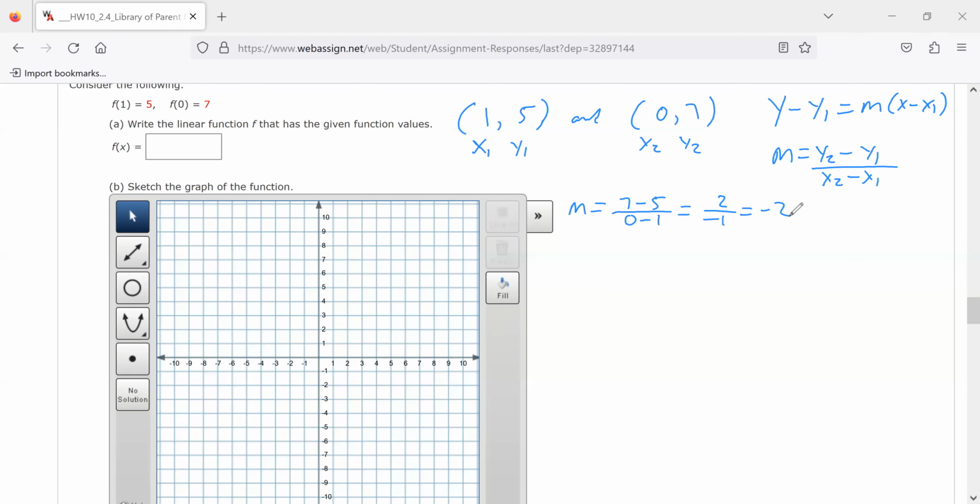Okay, so now use this guy. The y1, x1, you can use whatever you want. Doesn't matter. I'm gonna use the 1, 5, I guess. You could also use mx plus b, it doesn't matter.